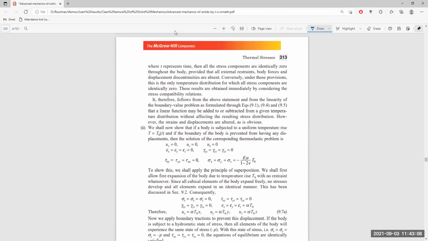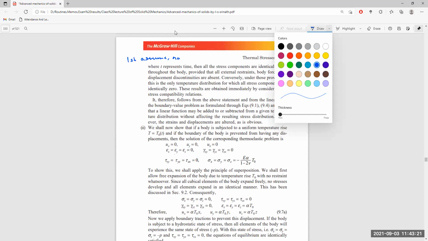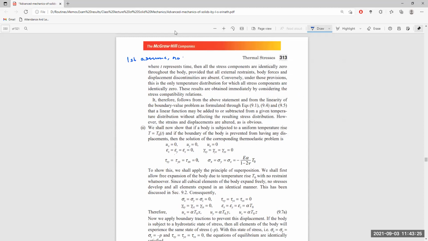So first we assume no restriction, no body force, and no displacement discontinuity.